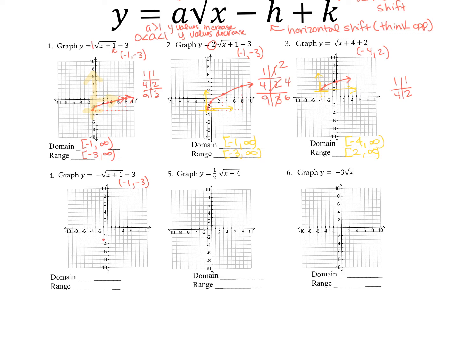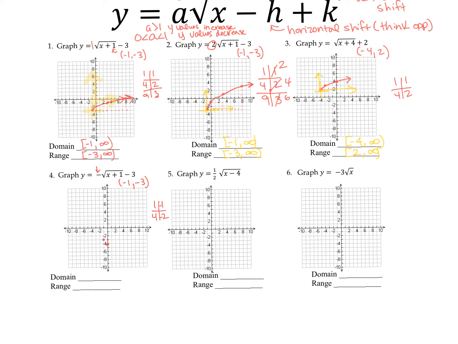But this time, if you notice, this is just like graph number 1, except I have a negative out in front. This means I'm going to reflect it down. So when I do my movements 1, 1, and 4, 2, I'm now going to move that y movement down instead. So let's start at my starting point and go to the right 1 and down 1.